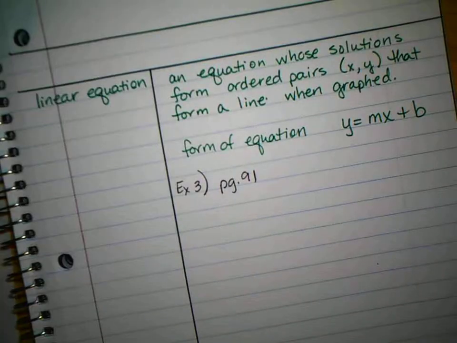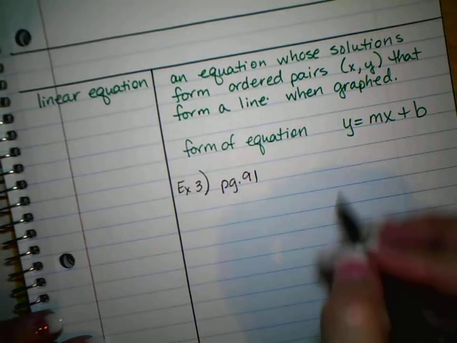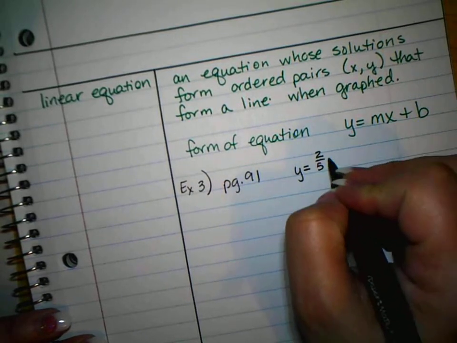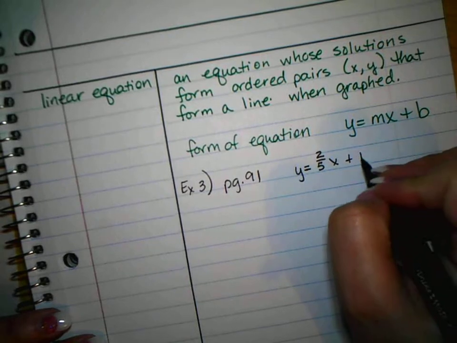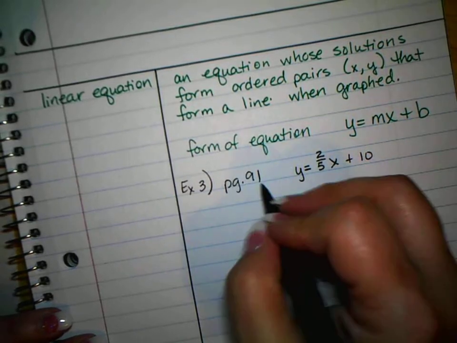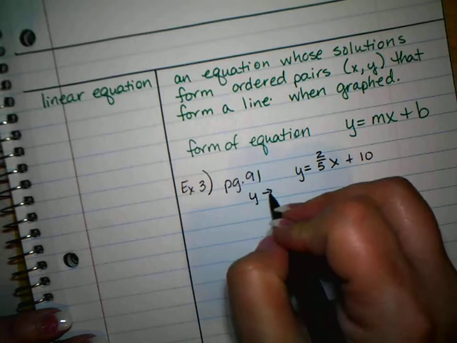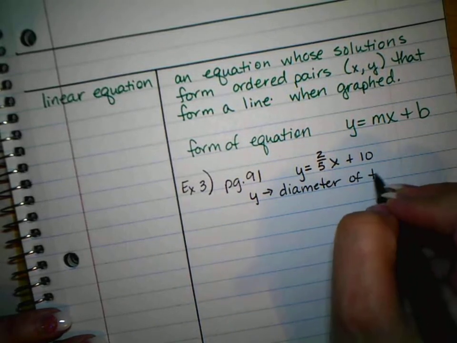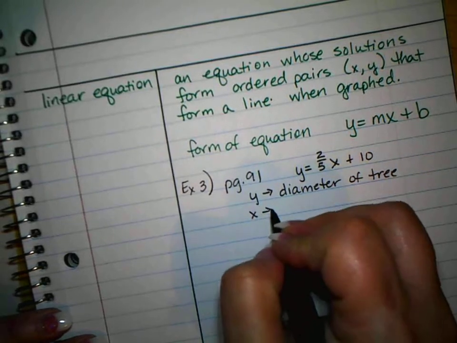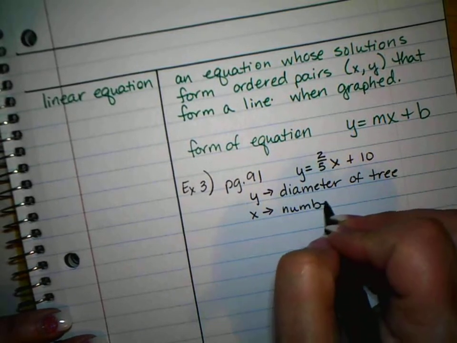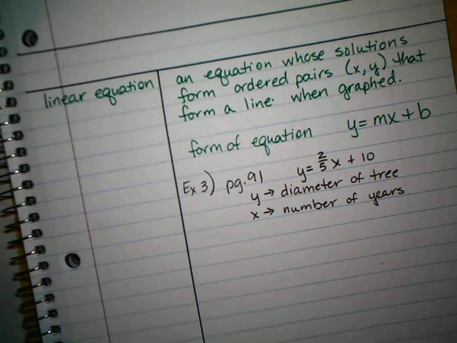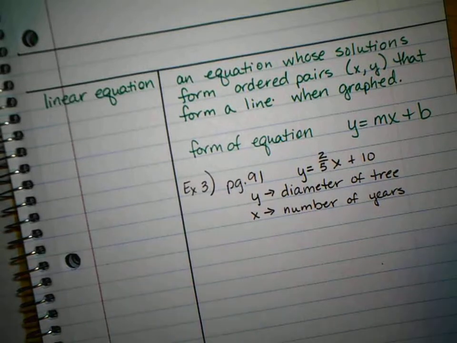So we need to first of all make a table. We were told that our equation is y = 2/5 x + 10, where y is the diameter of the tree, x is the number of years, and we're going to have to draw a graph and describe the relationship, but I would start by making a table.